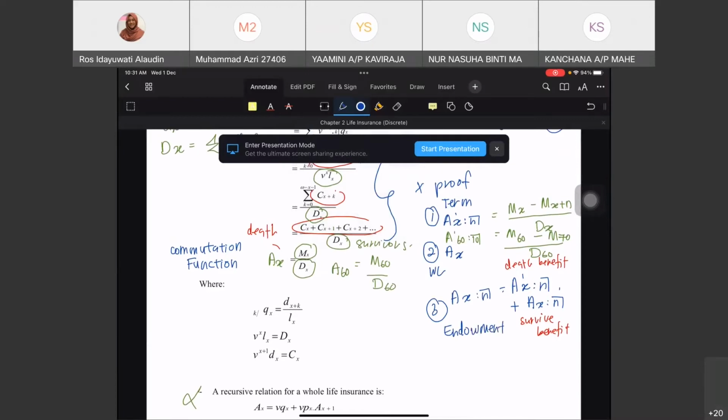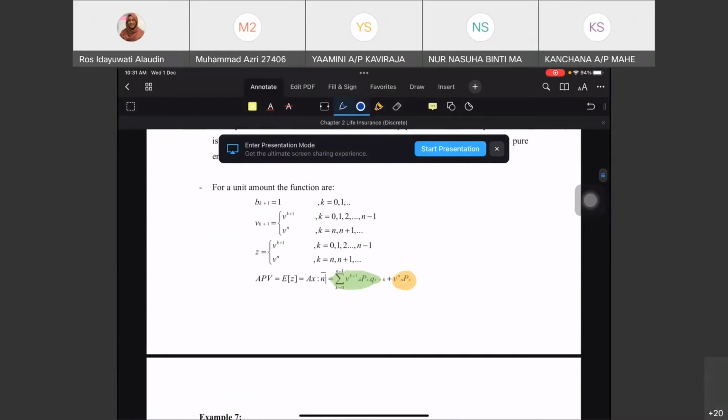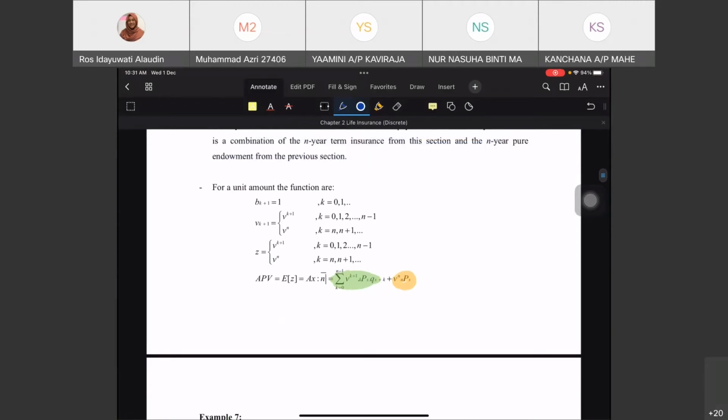For endowment, just the same as the continuous case, the green highlight is for the term insurance, starting from 0 to n-1. And this is for pure endowment, the survival benefit. And this is for the death benefit.